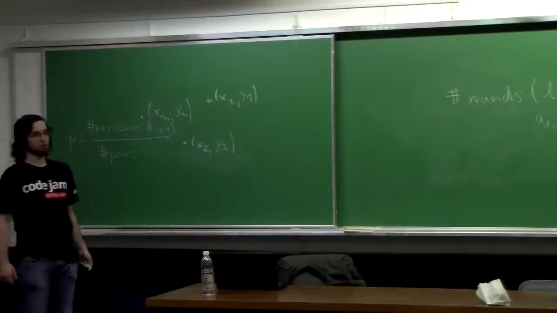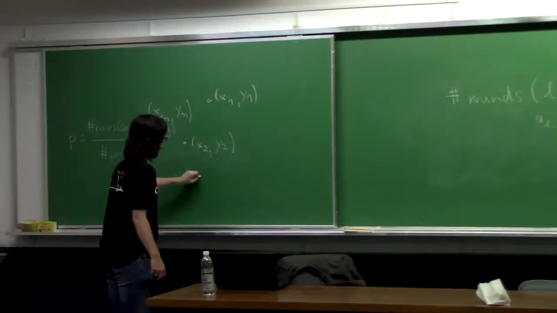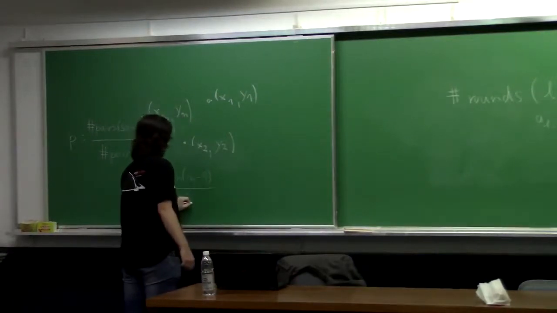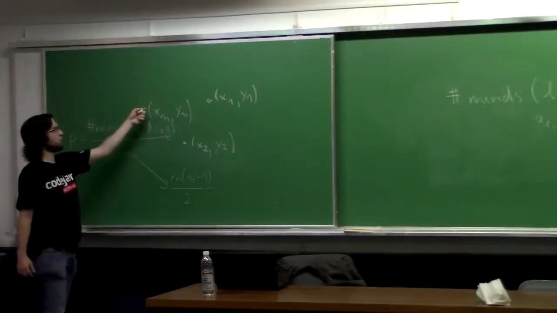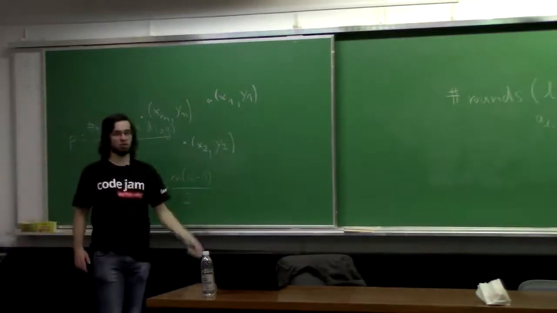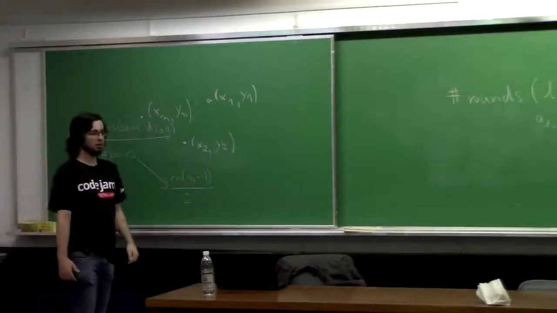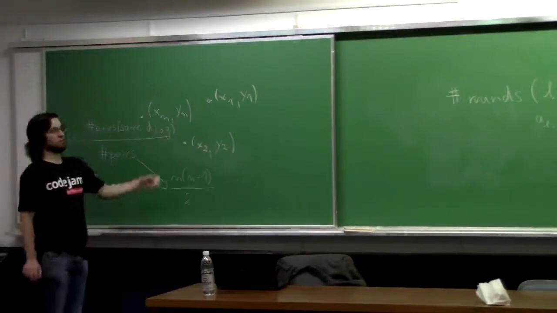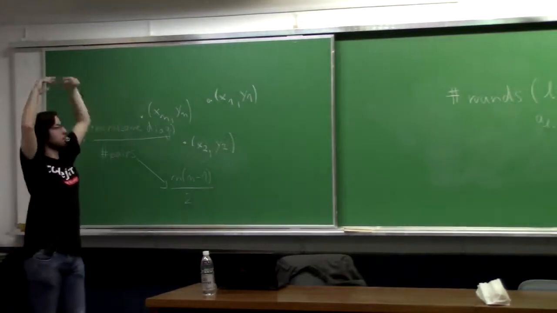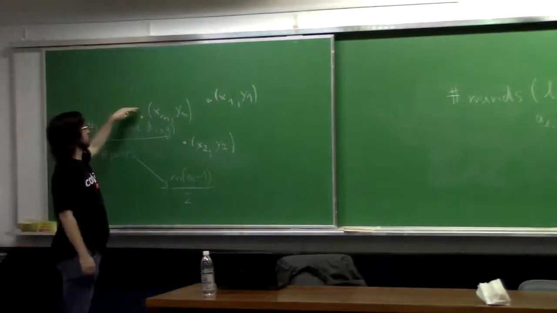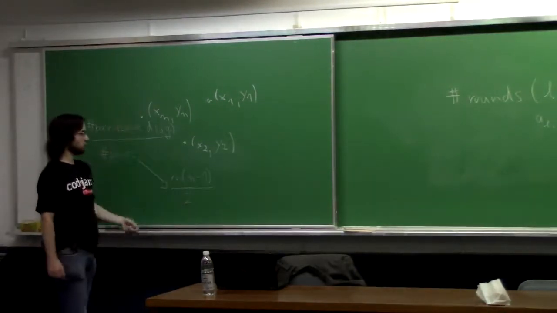The number of possible pairs that could be chosen is always n times n minus 1 by 2, because we can choose 1 point. There are n ways to do this, then we can choose the second point. There are n minus 1 ways to do this, since we can't choose the first again. And each pair that we could choose like this is counted twice, either by choosing this point first and this point second, or by choosing this point first and this point second. So we divide it by 2.